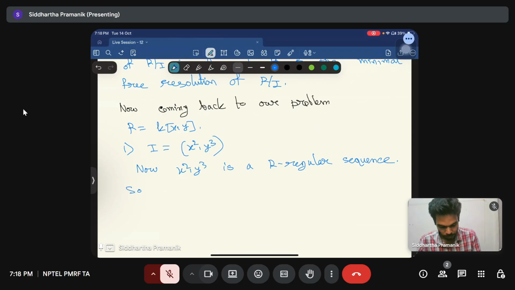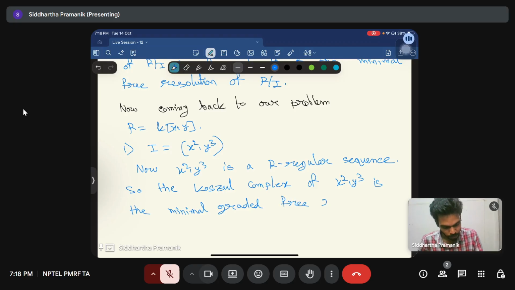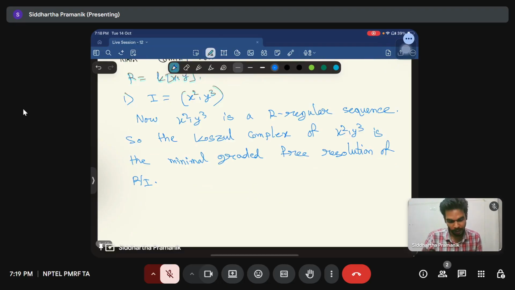So the Koszul complex of x^2, y^3 is the minimal graded free resolution of R mod I. So we need to find the Koszul complex.